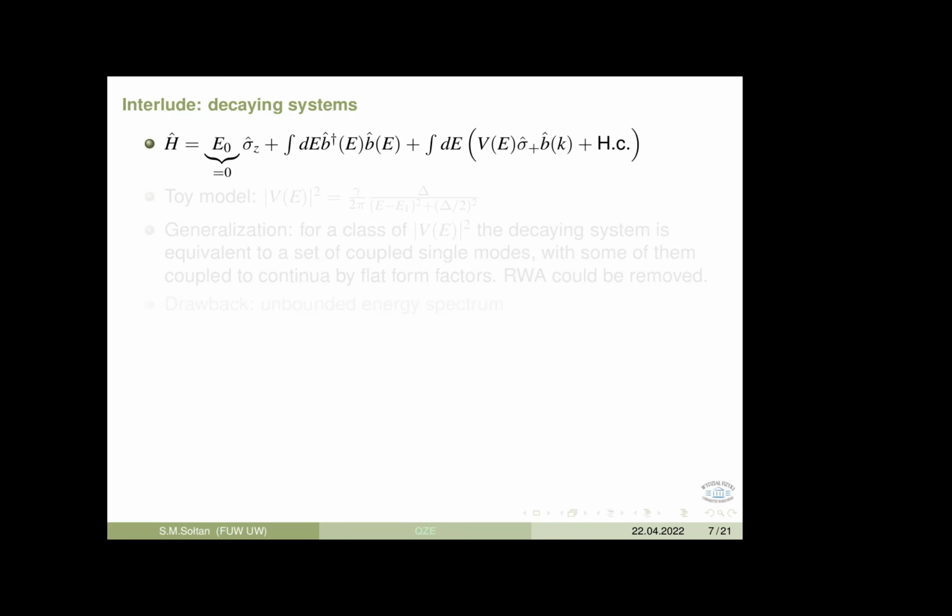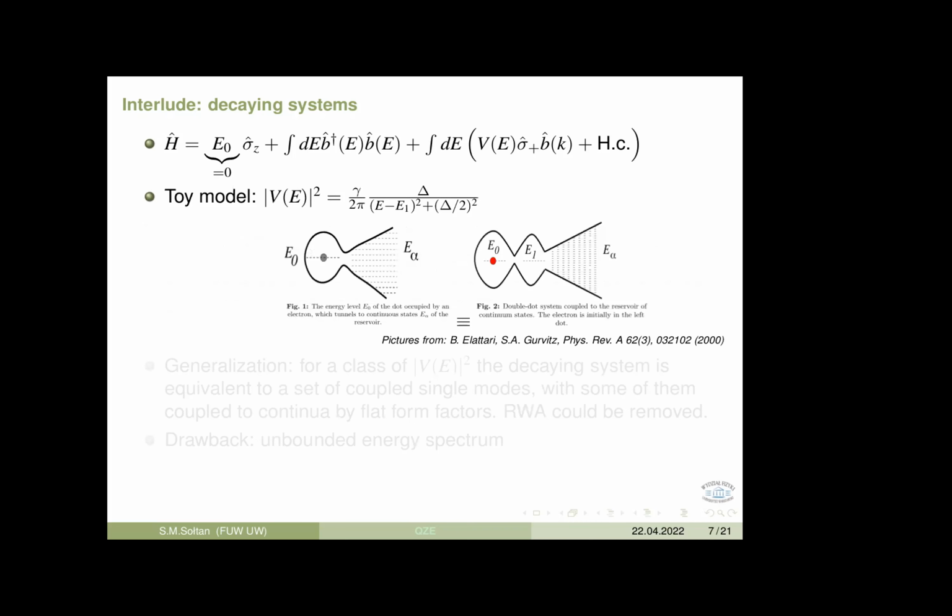Anyway, there is one nice toy model based on this equation. Basically, if we take the form factor that denotes the coupling between the system and the continuum, such that its square is a Lorentzian, it turns out that such a system is mathematically equivalent to a system in which we have our original quantum dot coupled to some pseudo dot, some intermediate state, which then decays to the continuum with a flat form factor.